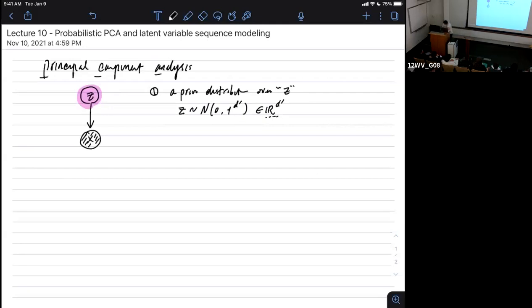And then the second thing that we need to define is a conditional distribution over X given Z. Now I have drawn a sample of Z from this standard normal distribution. Now what should be the conditional distribution over X?